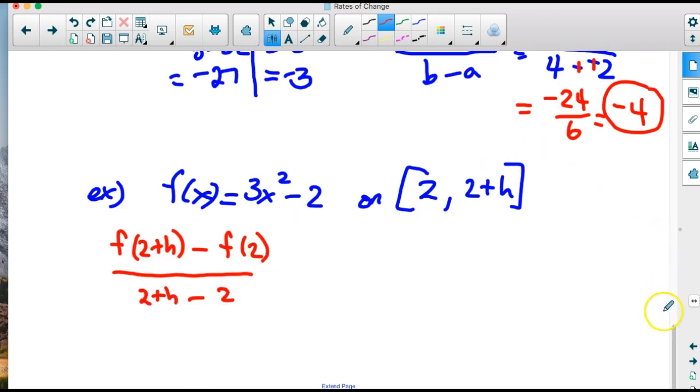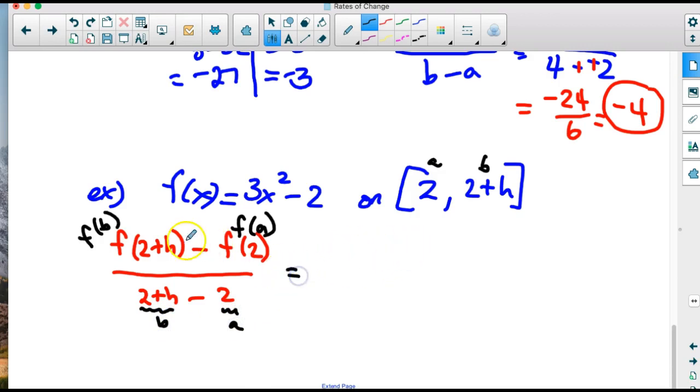So this is going to be our equation. This represents f of b. This represents f of a, where this is b here and this is a. And we're using the same equation as given before, but we're going to evaluate these. We have to figure out what that is.